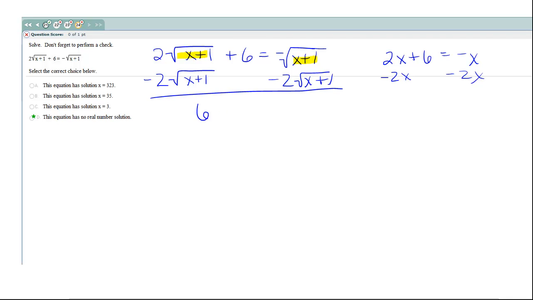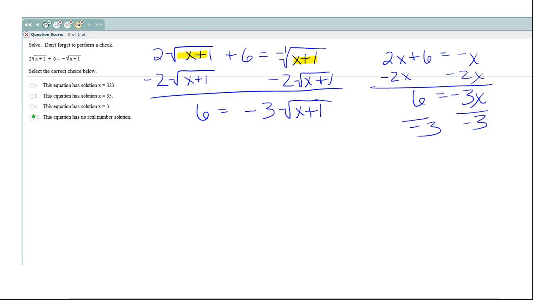And then I'm left with 6 equals, and it's implied there's a negative 1 in front of here, so negative 3 square root of x plus 1. And here it would be 6 equals negative 3x. Now here I want to isolate x, so I divide both sides by negative 3. Same idea here. I want to isolate this square root.